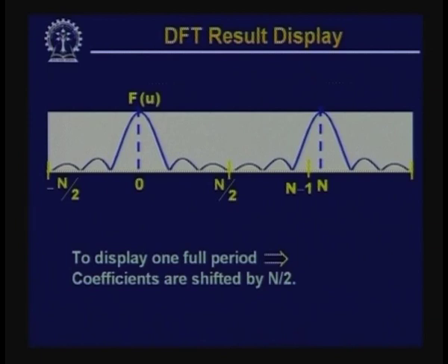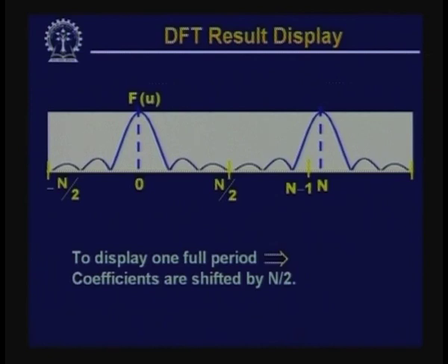This figure shows that if we look at the transform values from N/2 plus 1 to N minus 1, that is somewhere here, you find that the transform values in this range are nothing but the reflections of the half period to the left of the origin 0.